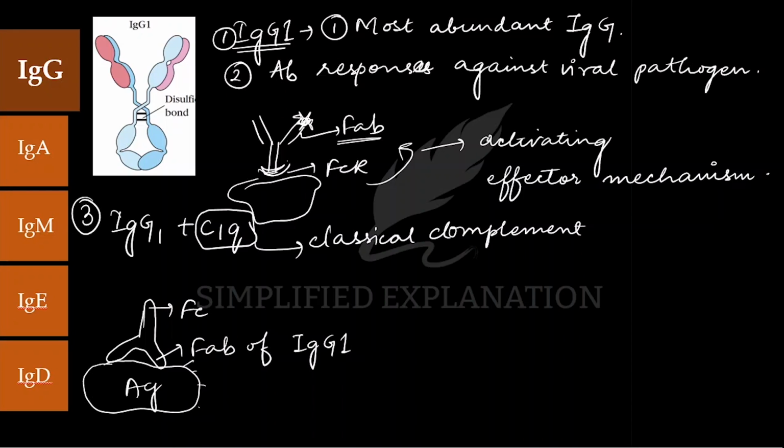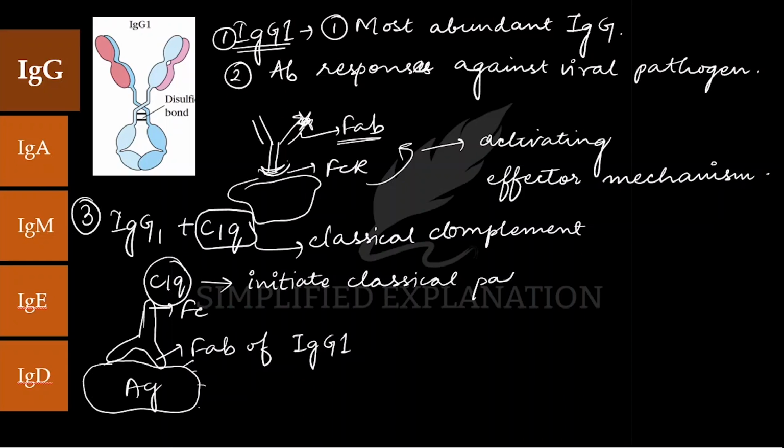So the Fc region will bind with the C1q molecule of the classical complement pathway, and then it will initiate the classical pathway.